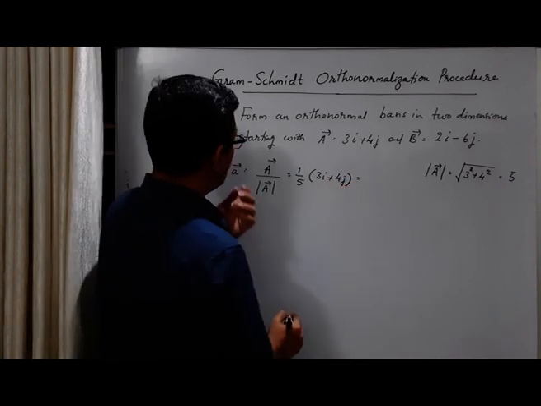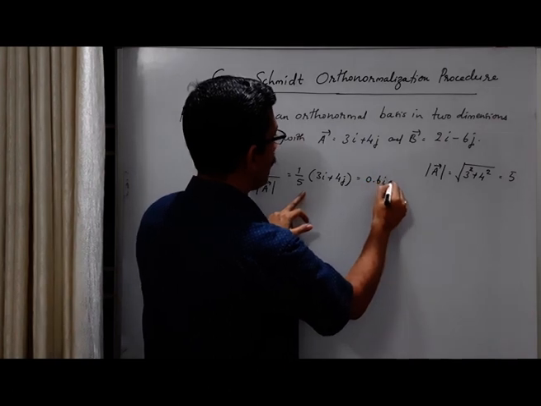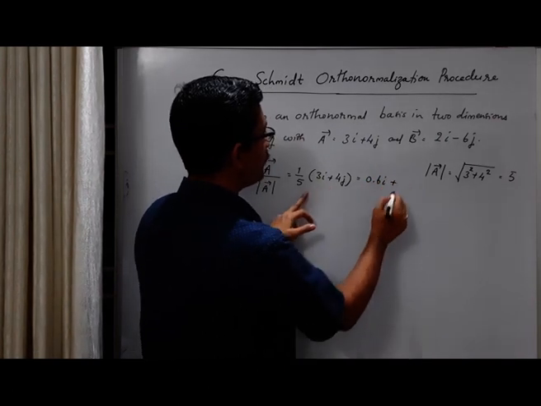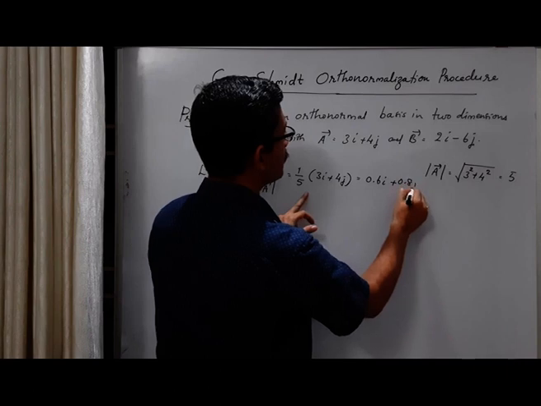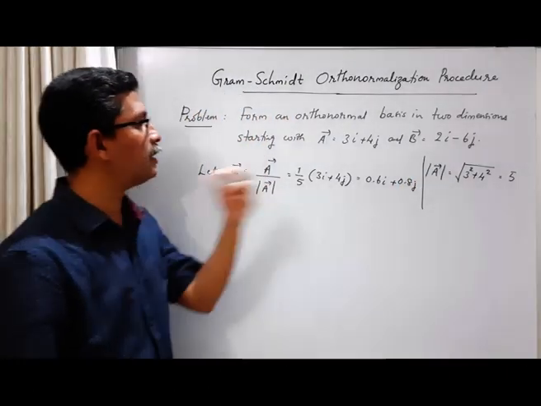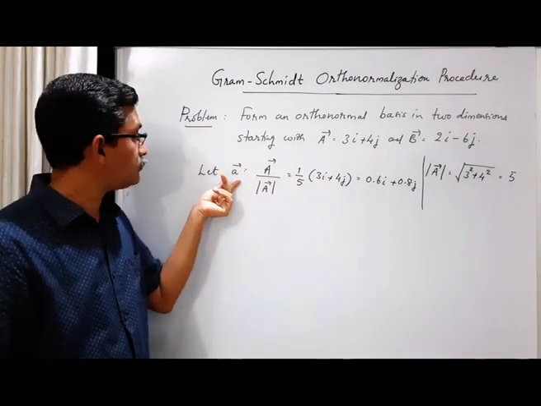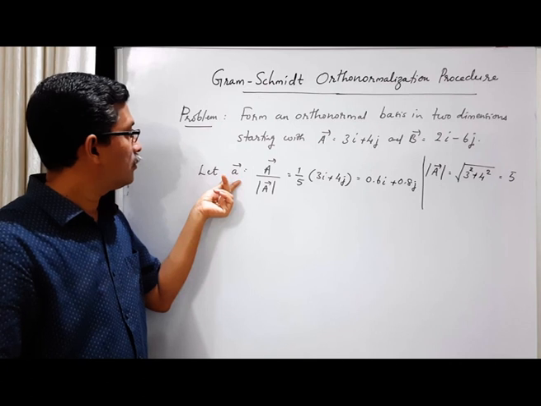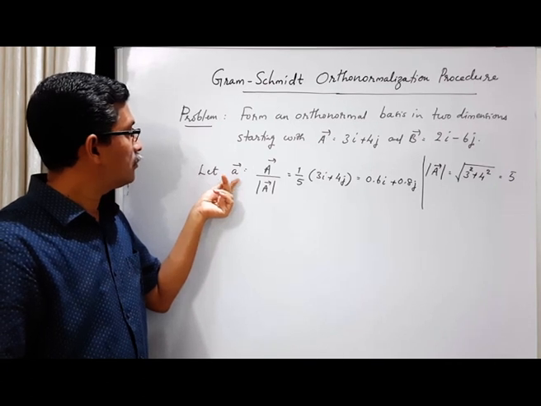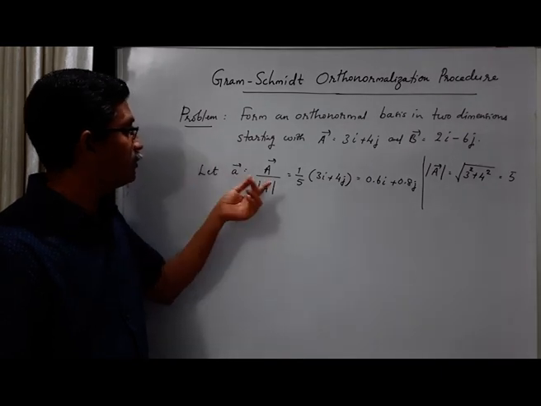That's equal to 3 by 5, which is 0.6, plus 4 by 5, which is 0.8. So this is 0.6i plus 0.8j. This is our small vector a, our one vector in the orthonormal set.